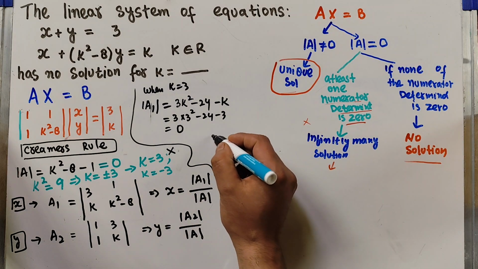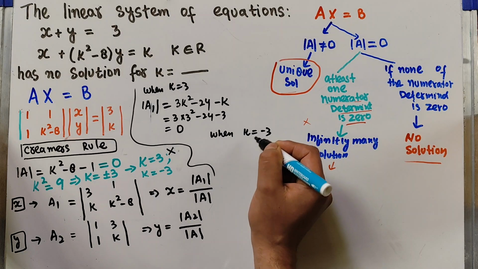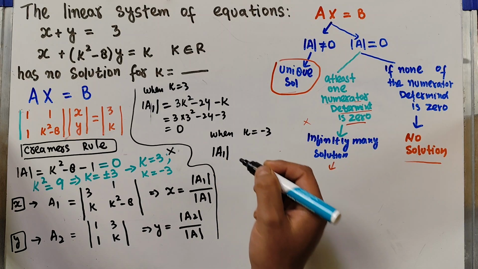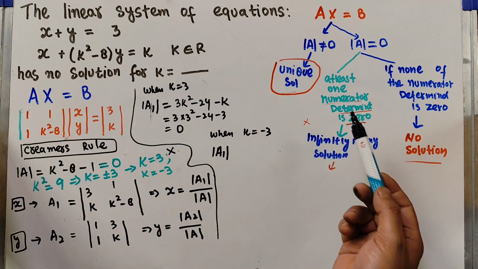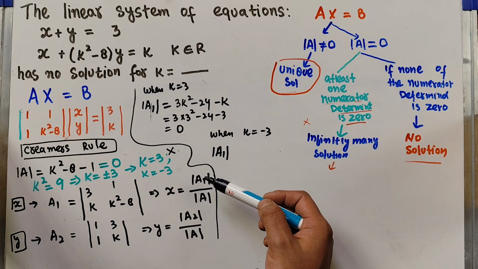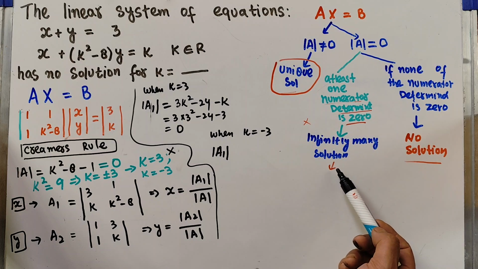Then when k is equal to minus 3, what will be the determinant of a1? We don't need to check for a2 in the previous case, because since the determinant of a1 comes out to be 0, it is enough to prove that we will have infinitely many solutions.